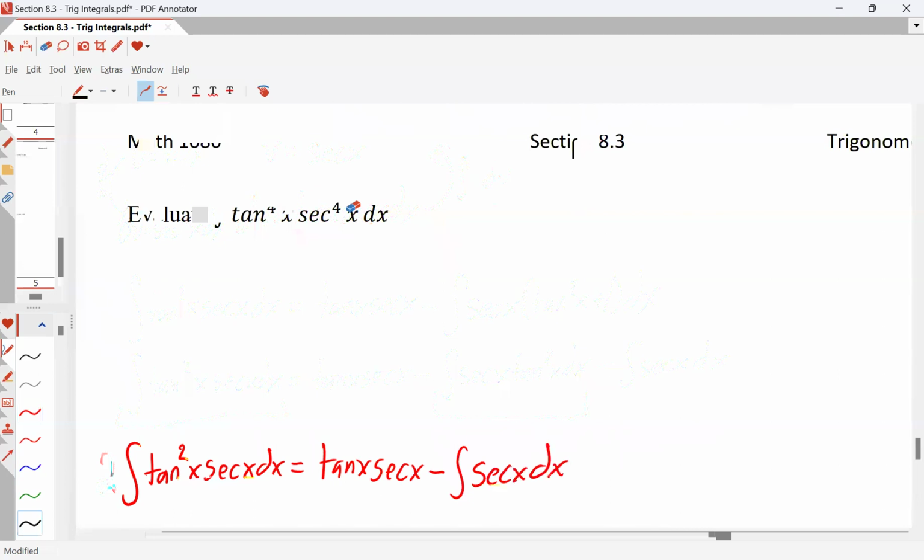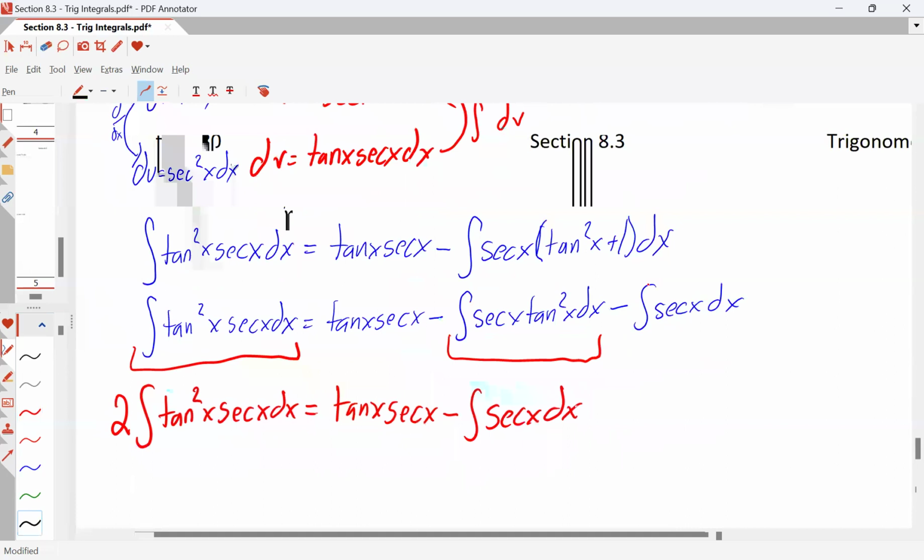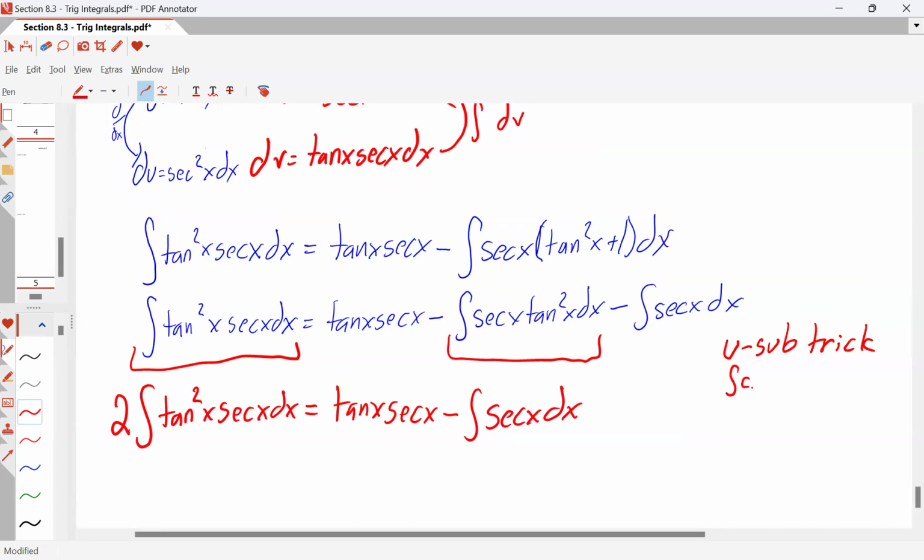And this still leaves the integral of secant x dx, but with a u sub trick, we know that the integral of secant x dx is equal to the natural log of the absolute value of secant x plus tangent x. We are just going to use that integral in this problem.